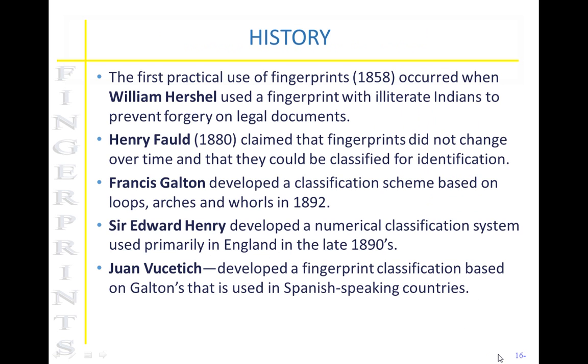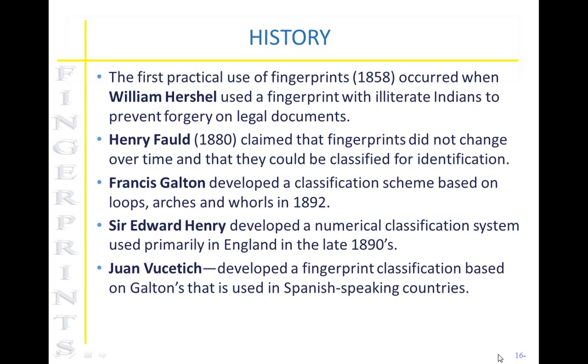If we talk a little bit about the history behind fingerprint use, the first practical use of fingerprints was in 1858 by William Herschel, who used fingerprints to prevent forgery on legal documents concerning illiterate Indians. In approximately 1880, Henry Faulds claimed that fingerprints did not change over time and they could actually be used for a classification system for identification.